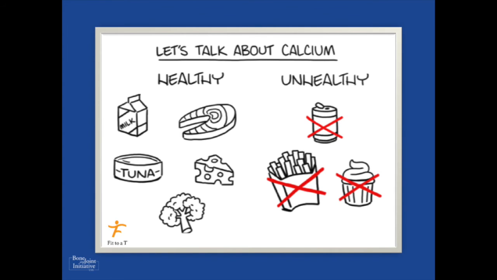There's also calcium in orange juice or other fortified milk alternatives, such as almond milk, which can be great sources of calcium as well. The amount of calcium we need depends on our age. Generally, most adults need between 1,000 and 1,200 milligrams of calcium each day.